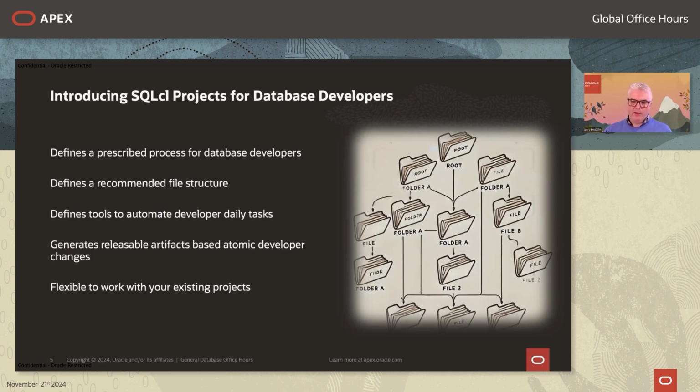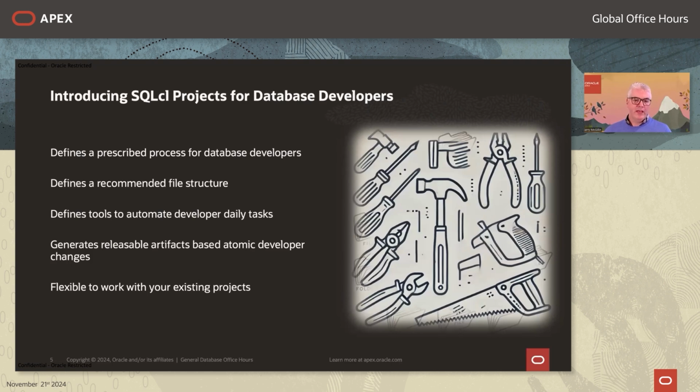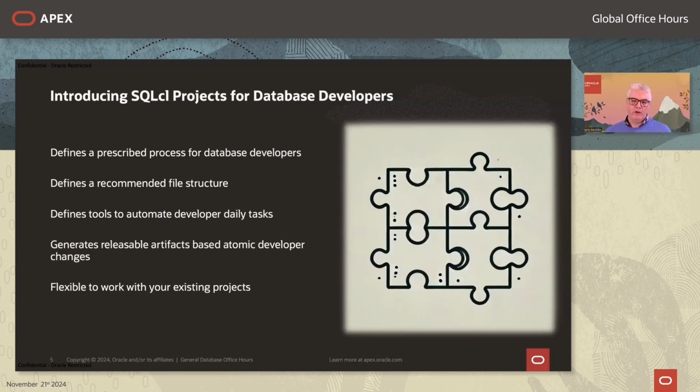And then, with my other little graphic, on top of all of that, we are defining some tools, which in this case are building tools inside SQLcl that will help automate all of those tasks for you. And at the end of all of that, what we want to do is to build up an artifact, a zip file, a jar file, or a tar file that is a set of changes that can be applied atomically and sequentially in a prescribed order that is repeatable.